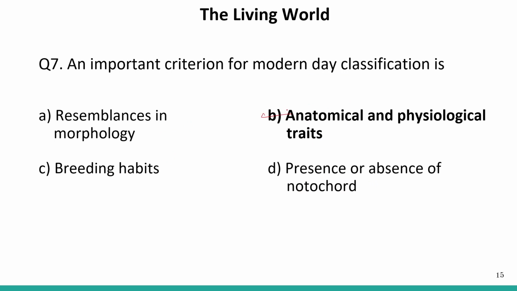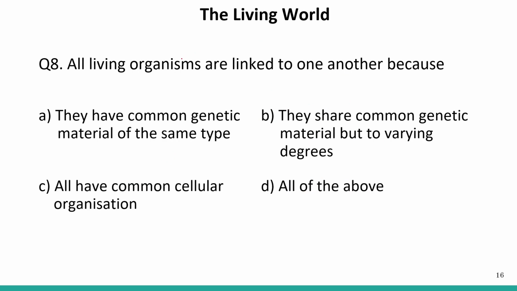Now the next question is, all living organisms are linked to one another. How are they linked? Because they share common genetic material of the same type. This is not correct. They don't share common genetic material, and that too of the same type.